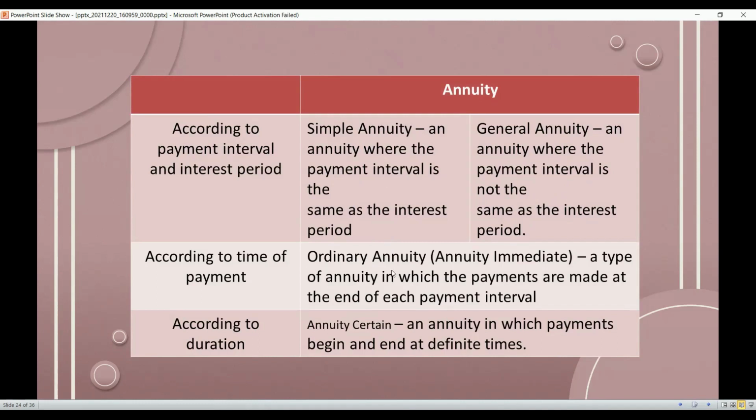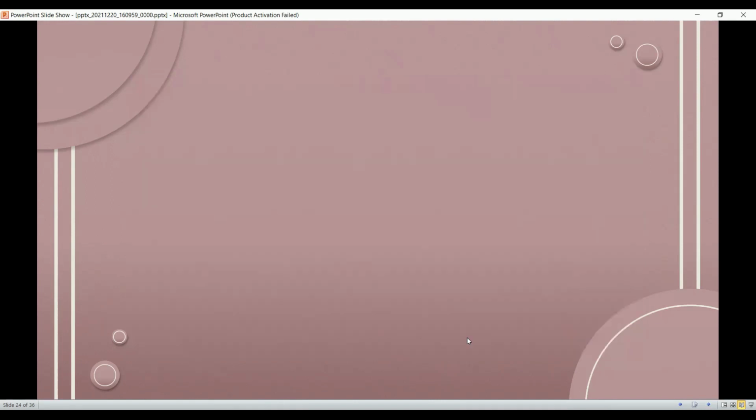According to time of payment, an ordinary annuity is a type of annuity in which the payments are made at the end of each payment interval. According to duration, an annuity certain is an annuity in which payments begin and end at definite times.